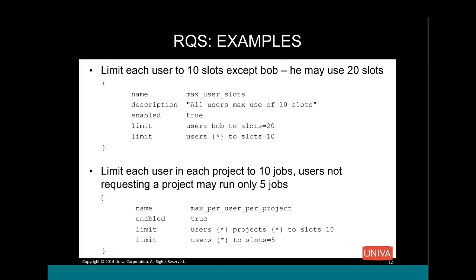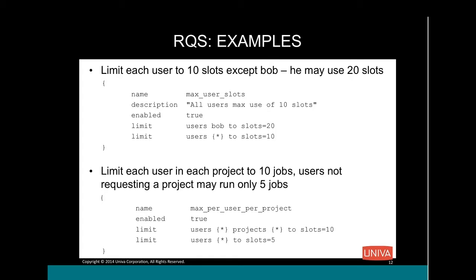So the next one here, it's the same idea. You have name, you have enabled, and again, you have 2 limit rules. The first one limits the user's object, and it limits all members, each individual member of the user's object to each project to 10 slots.